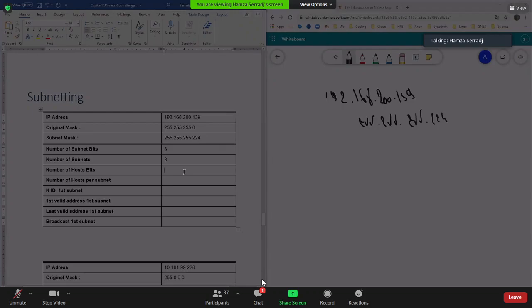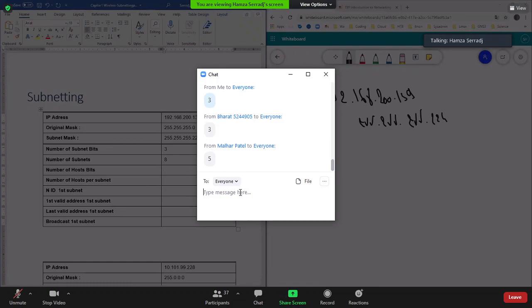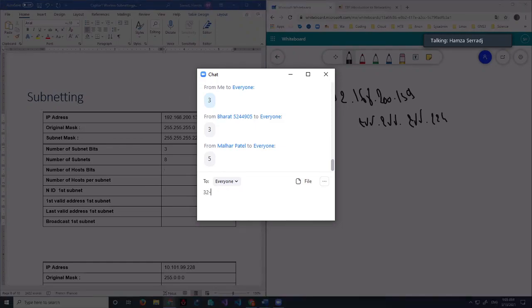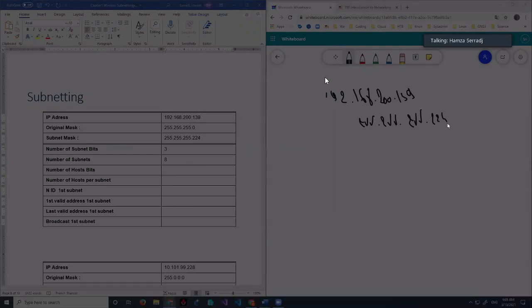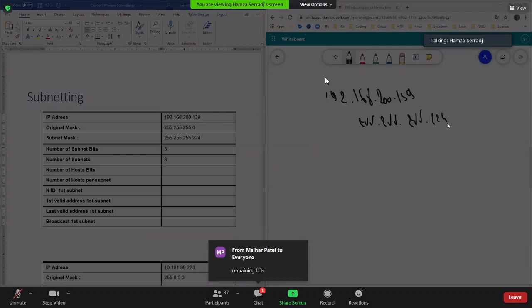Number of bits for the hosts. How can I calculate that? 32 minus 27. Good. 32 minus network bits, minus all the other bits, right?